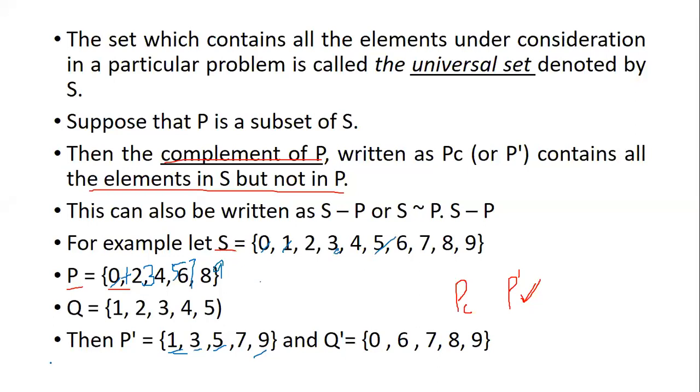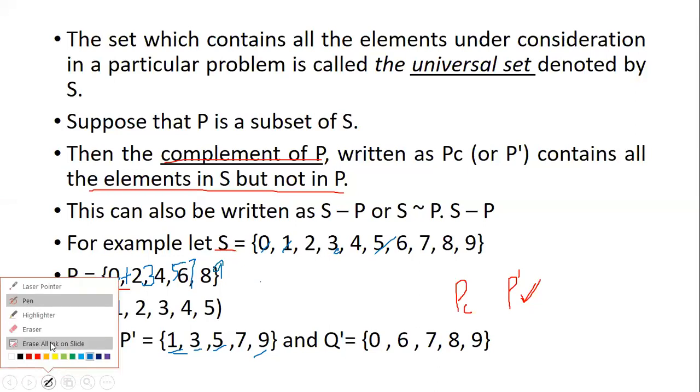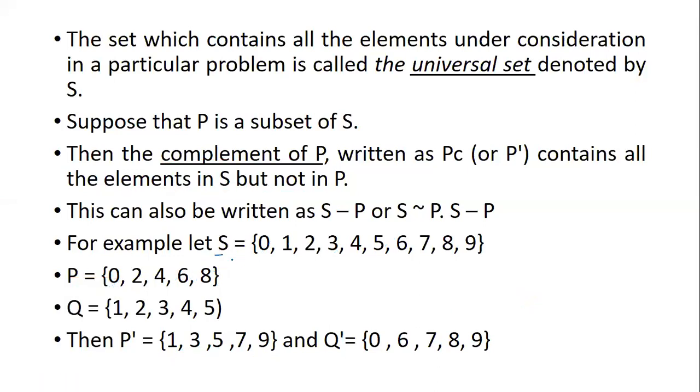I will repeat it again. Listen carefully. We are just comparing two sets, S and P. All the elements that are in S but not in P are supposed to be written as P complement or P dash.